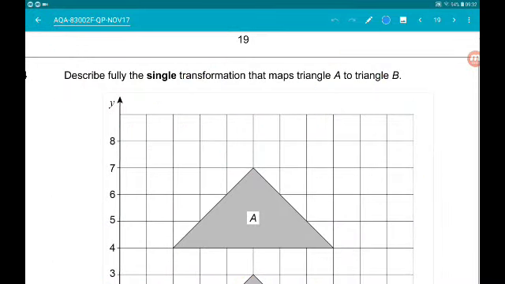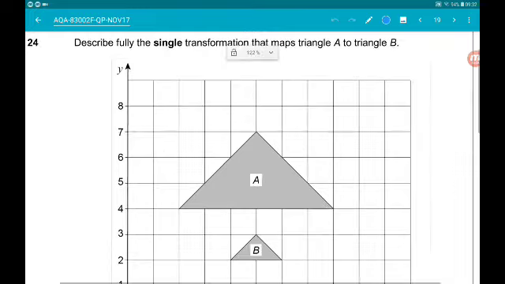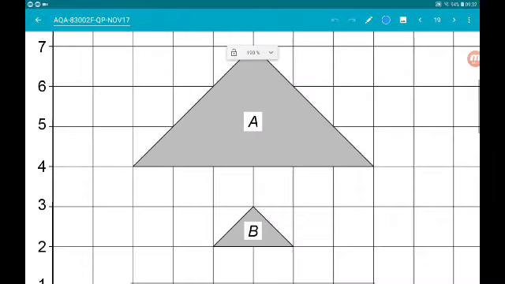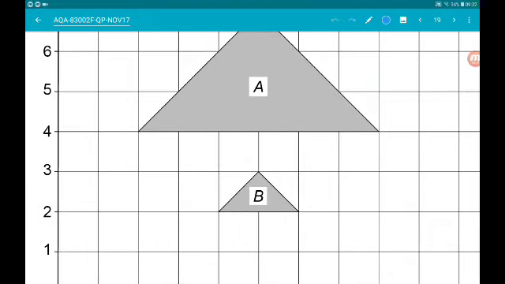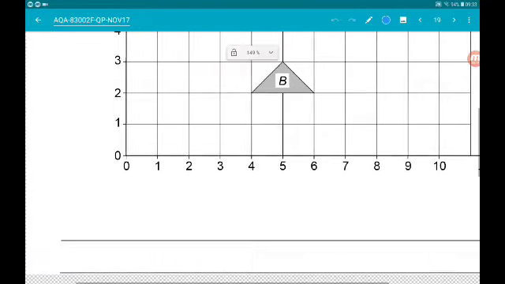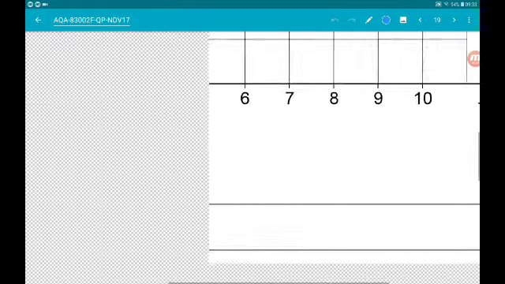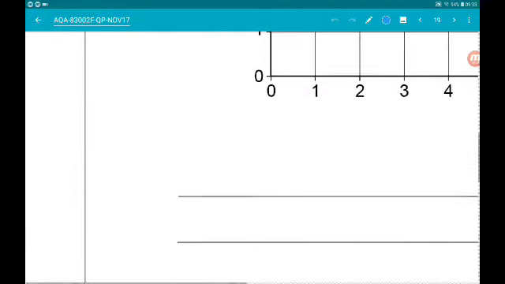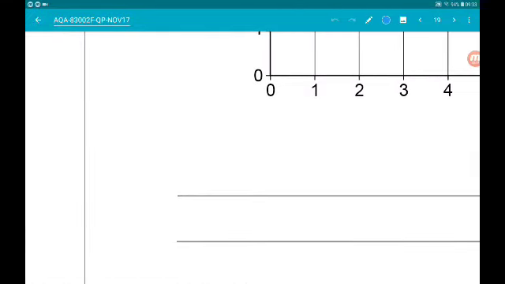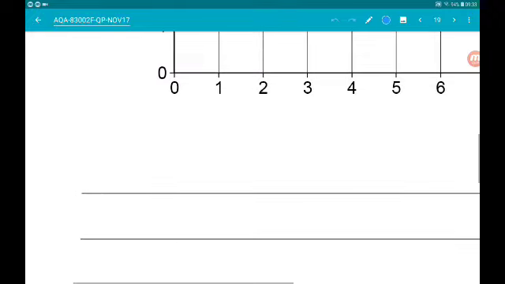24, we have transformations, so we want to describe fully the single transformation which maps A onto B. So, hopefully we can see that triangle A has got a lot smaller. Now, the type of transformation that does that, by the way, this is 3 marks, so we need 3 things. Enlargements can make something bigger or smaller, so it's an enlargement.